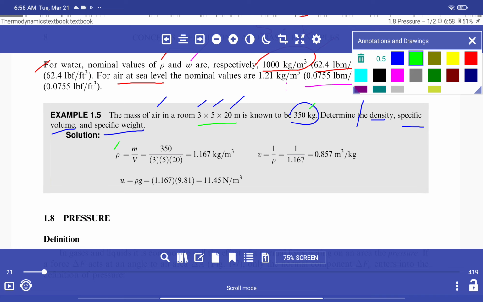The volume is three-dimensional, that is length, width, and height, right? So plug in the values and perform numerical calculation. You have 1.167 kilogram per cubic meter. And that is your density, because density is mass in kilogram over volume in cubic meter.